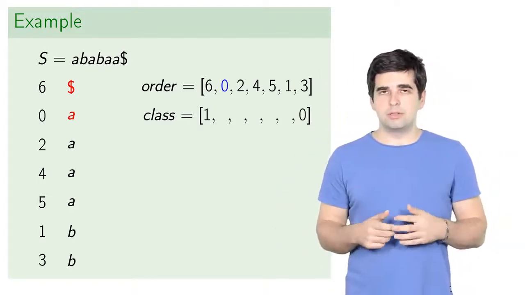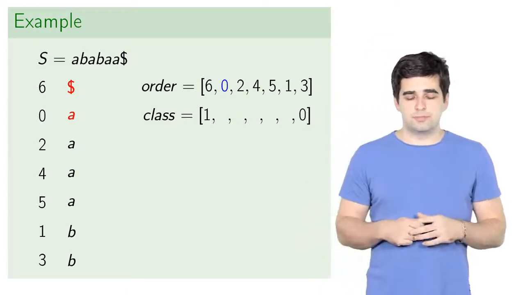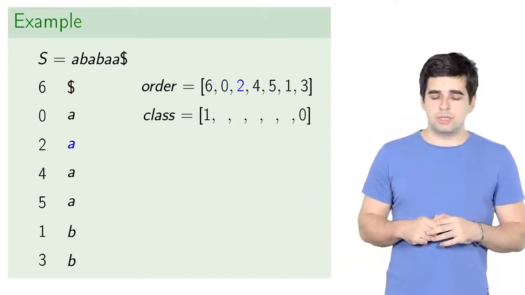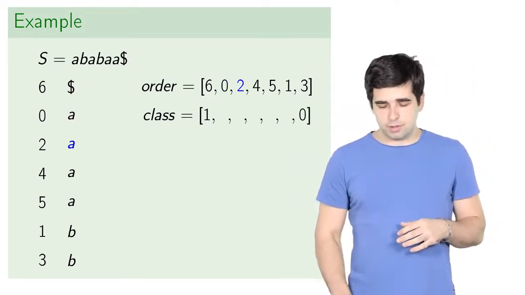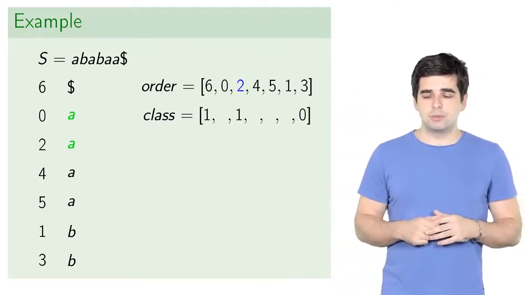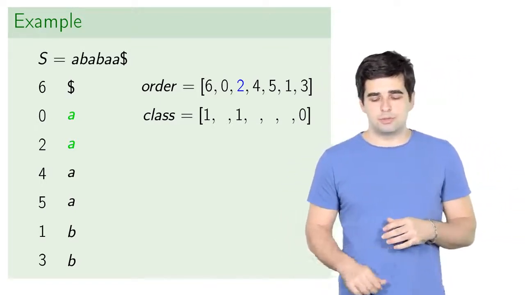So we assign 1 to class of 0. And the next one is also A, which is in position 2, but it is equal to the previous one. So we assign the same equivalence class to it. So we write down 1 as the value of class of 2.